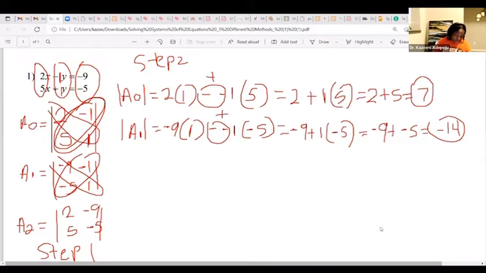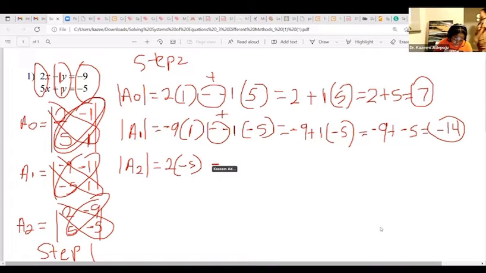Now we have to get the determinant of A2. So we put the determinant sign and then A2, and then the determinant sign equals, and we cross multiply over here too. So it's going to be 2 times -5, and then minus, and then -9 times 5, which is -9 and -5 equals. Now 2 times -5 is -10. So we're going to get -10 over here.